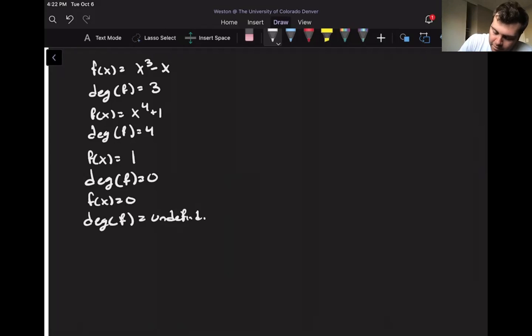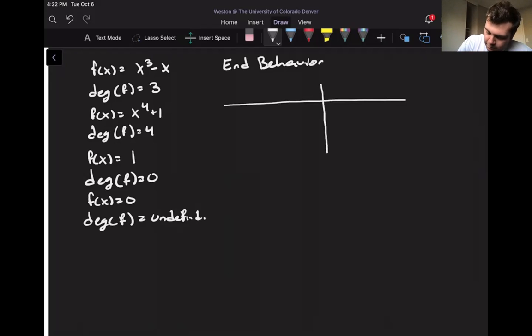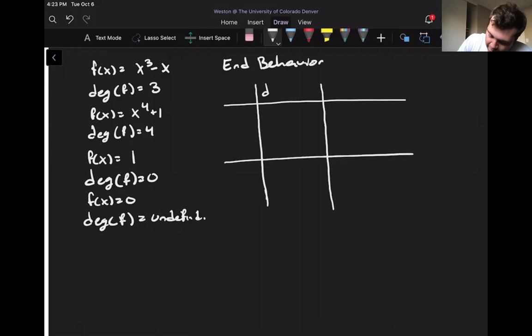All right. So for end behavior, we get two different cases if it's odd or even. So that's degree of f is odd, degree of f even.